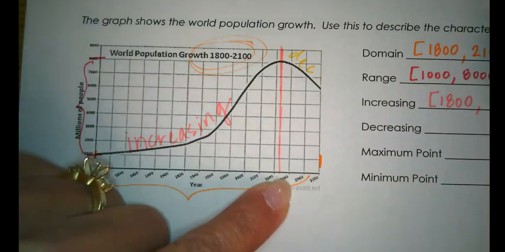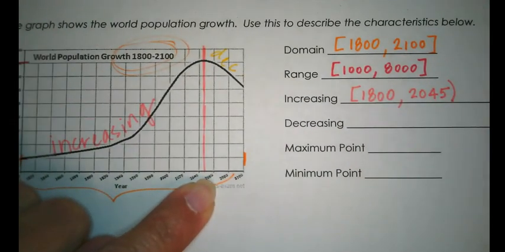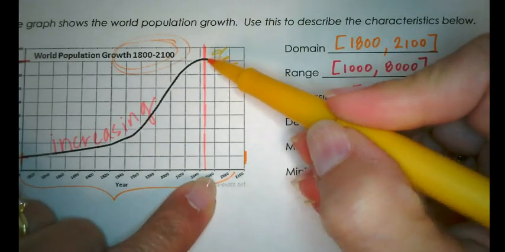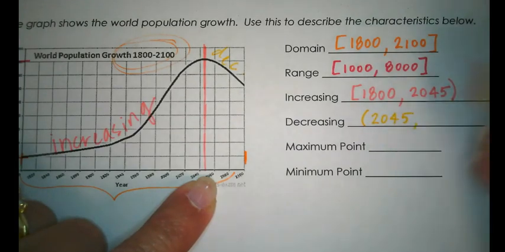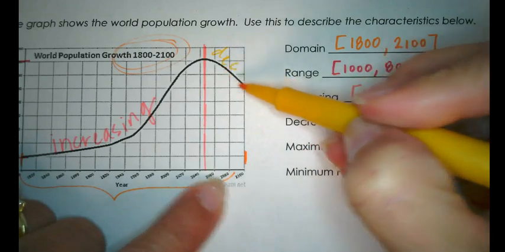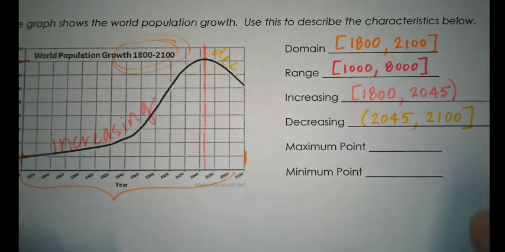So I might say the year 2045 maybe, but the population didn't stop growing at that point, so we don't have a stop sign there. We're just changing from an increasing population, and then starting in the year 2045, we start decreasing our population until the year 2100, and that's where our graph stops.